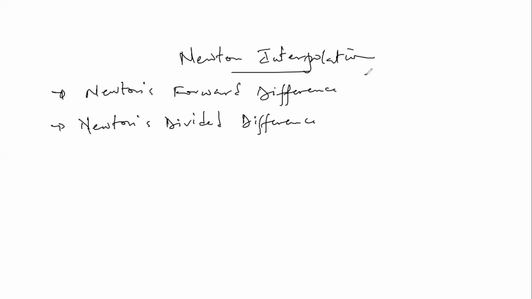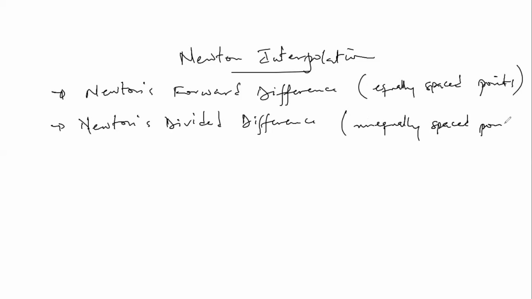When we have equally spaced points, we use Newton's forward difference. But there are times the points are not equally spaced, so we use Newton's divided difference. In practice, this finds wide application. So let's take them one by one.